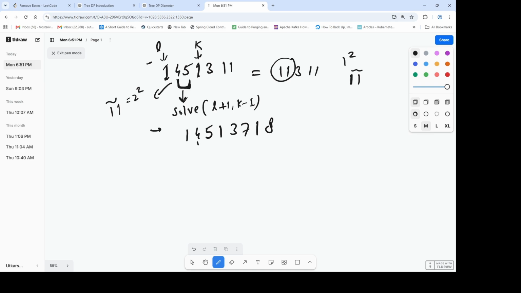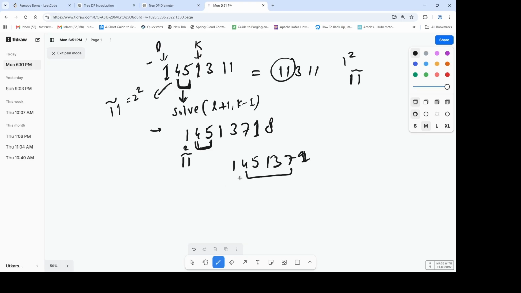So if we remove this 4 5, then this 1 will become 1, so the length will be something like 2, right? But if we first remove this, then there can be another possibility, 1 can also be here, right? So in that case we need to remove this, right? This can also be a case.